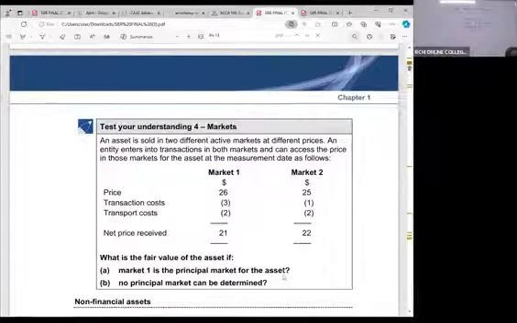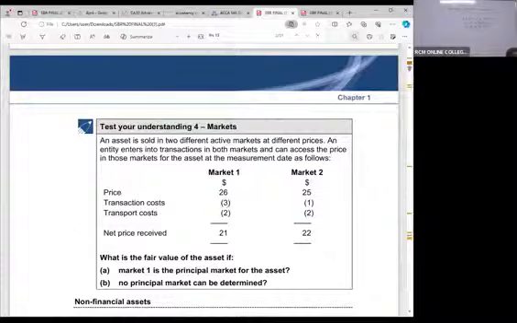Very easy. The fair value. So if market 1 is being used, how do we get this fair value? I will take the price of this particular asset, which is 26, and then subtract other costs other than the transaction cost.